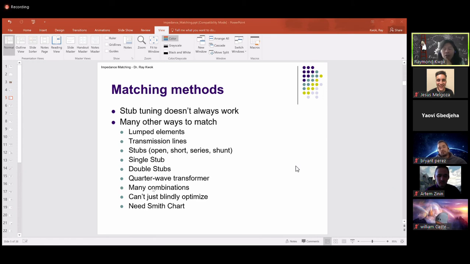Sometimes you say, oh, if I have a circuit, I can use AWR. There's a function called optimization. I just optimize my inductors and capacitors, and it'll work. It won't. It doesn't always work. So what do I mean by that? Let's say you go to work, you're a working engineer.